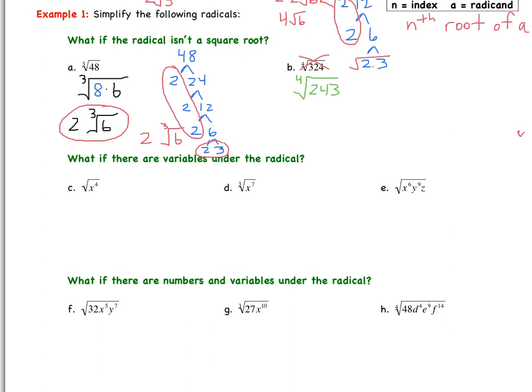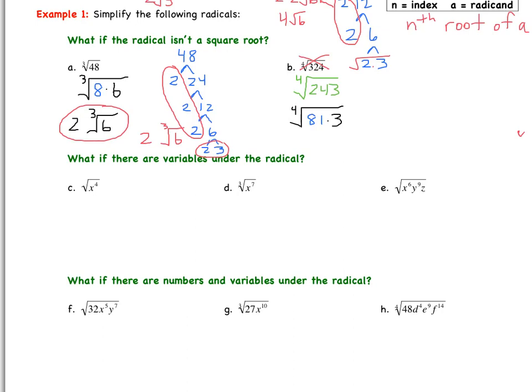Okay, so now we need to know our perfect powers of 4. What's the biggest perfect power of 4 that goes into 243? Well, if you know your perfect powers, it makes our lives a lot easier. I know that 81 is a perfect power of 4, and that times 3 gives me 243.